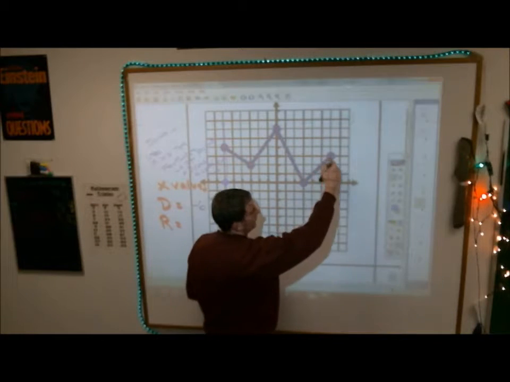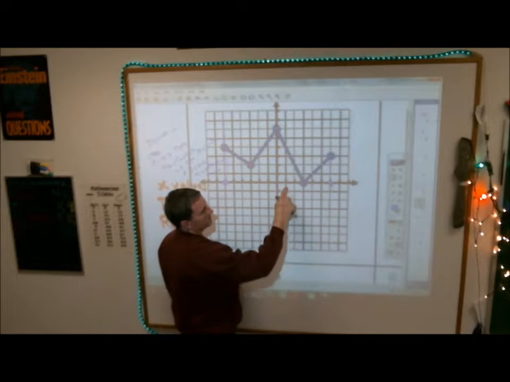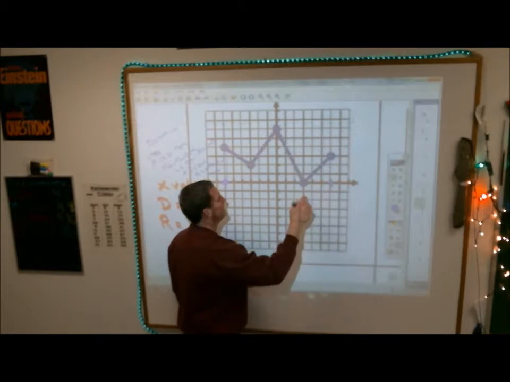You do the same thing to the farthest right point. Draw a line down here. What is this point, where x is 1, 2, 3, 4, 5, 6?